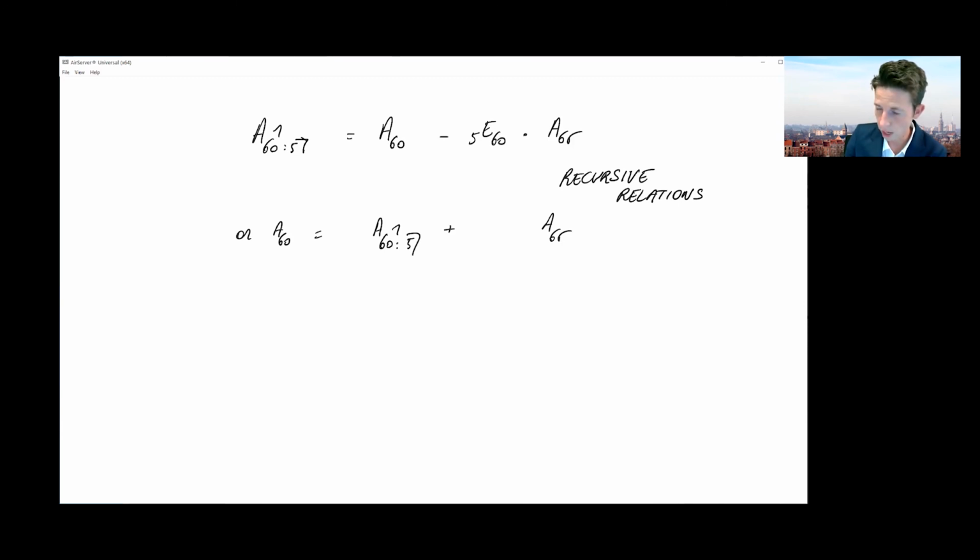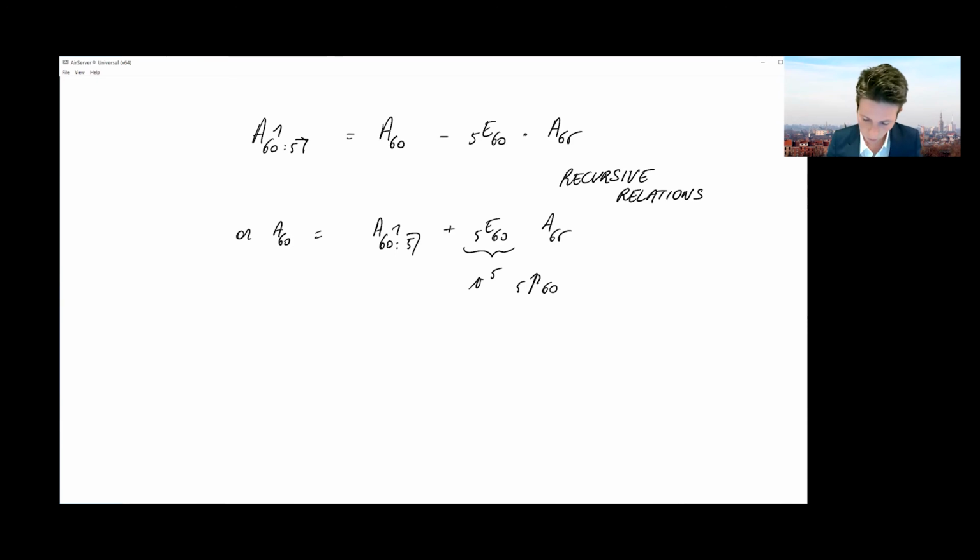But if you want to value that at the age of 60, then you must not forget to multiply this with the pure endowment, which is the actuarial discount factor, if you want, which is v to the power 5 times 5p60. So that's exactly what we discussed last Monday in the section on recursions.